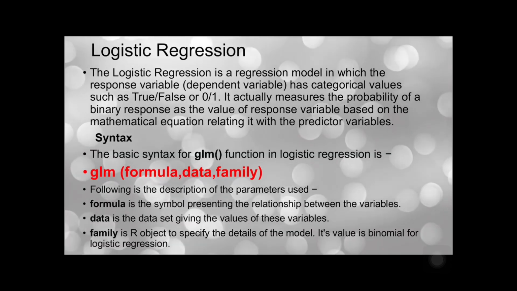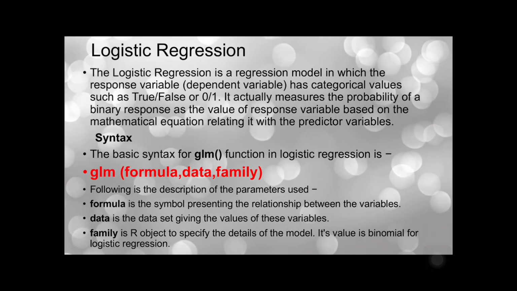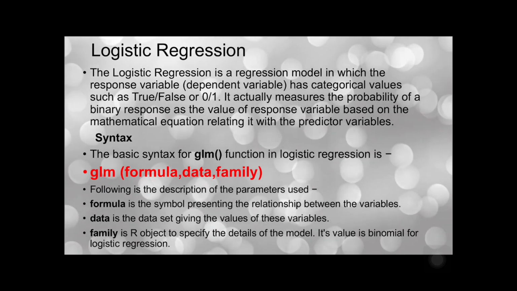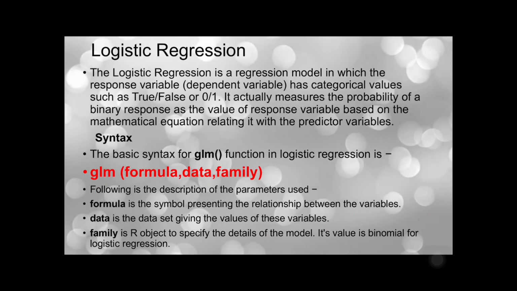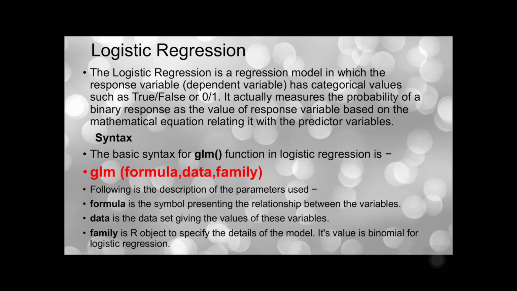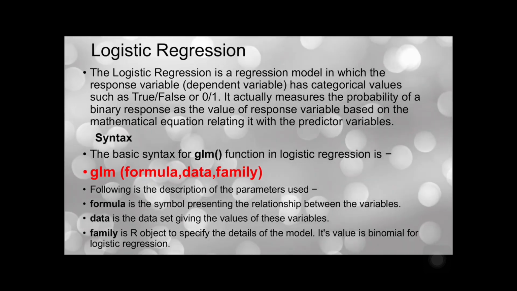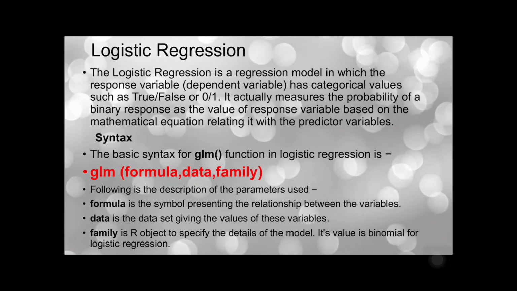The next is the logistic regression. The logistic regression actually is the regression model in which the response variable has categorical values. It means the value can be true, false or 0 or 1. So it actually measures the probability of the binary response as the value of response variable based on the mathematical equation relating it with the predictor variables.